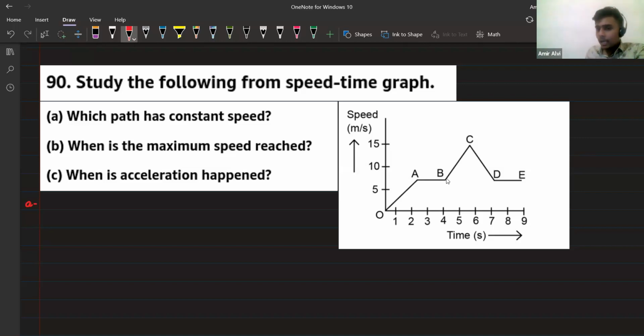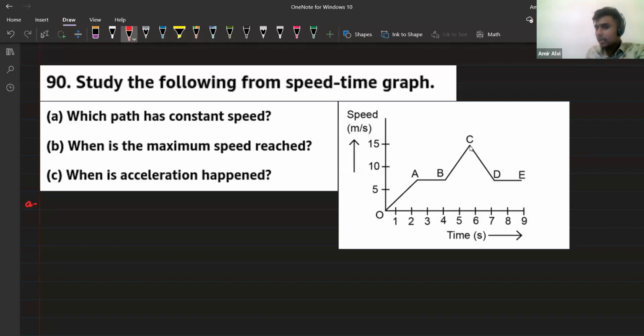But again, at point B, the car has gained some acceleration. From B to point C, the car has accelerated. As you can see, again the straight line is there, so it is a uniformly accelerated motion.